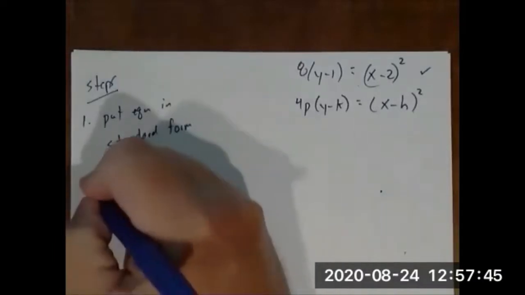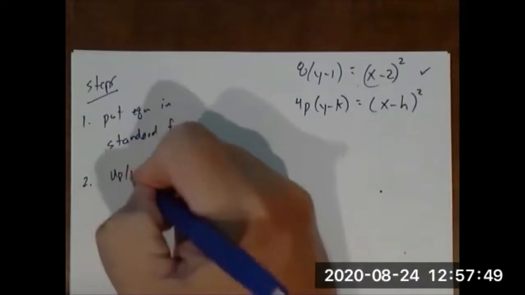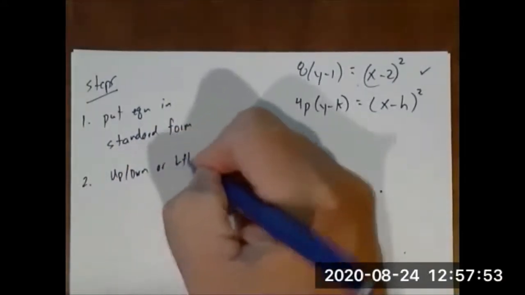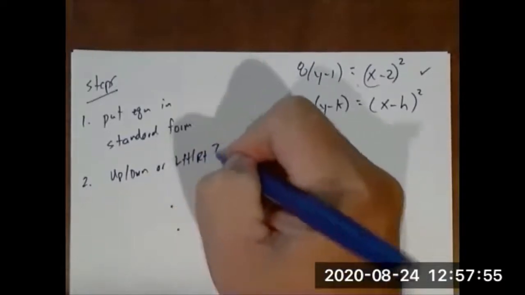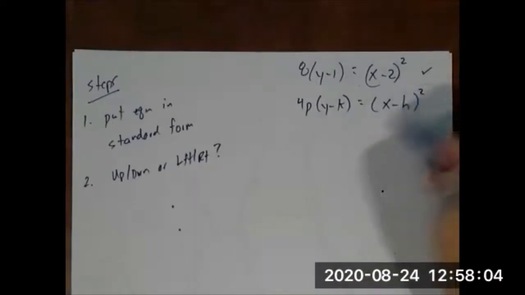Now the next thing I do, which I've already done, is you should be able to right away determine what kind of parabola I'm working with. Is it an up or down, or a left or a right? Now this is something you just have to memorize or learn or remember.